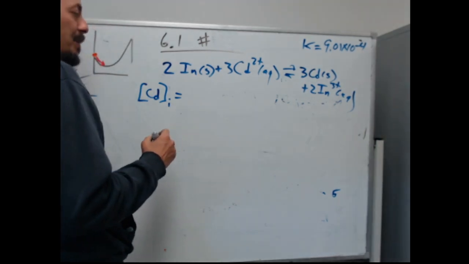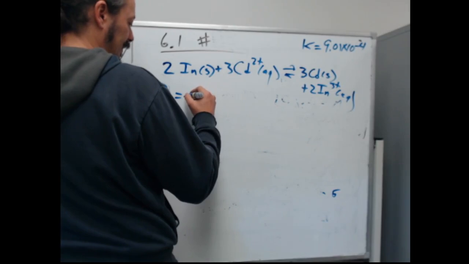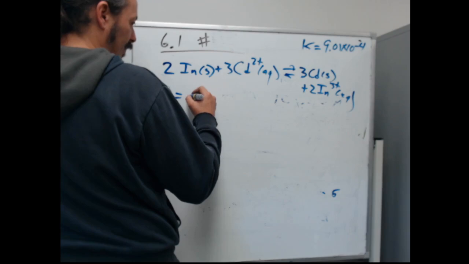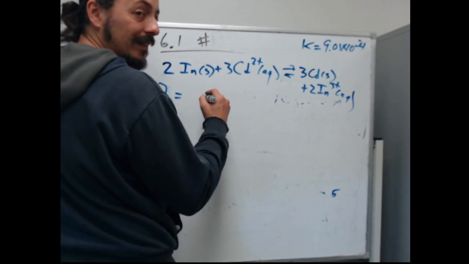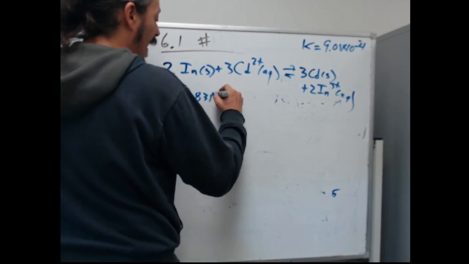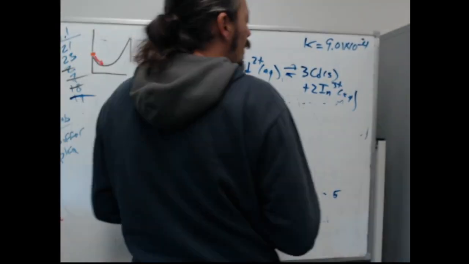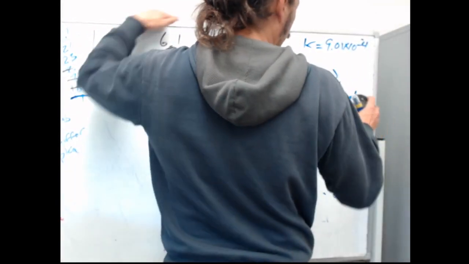What was that initial cadmium concentration? The concentration is 1.83 molarity. The volume is actually not that important unless we're doing a follow-up question. Does it matter that it's cadmium nitrate?